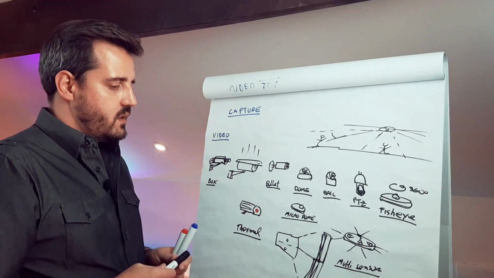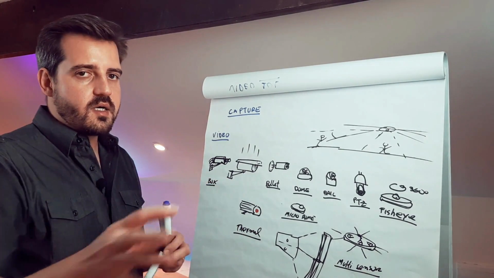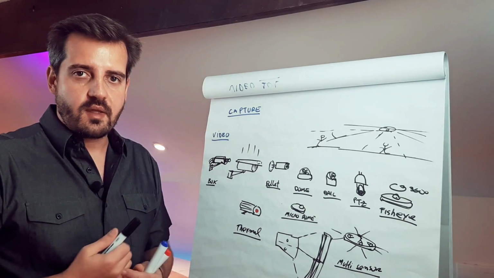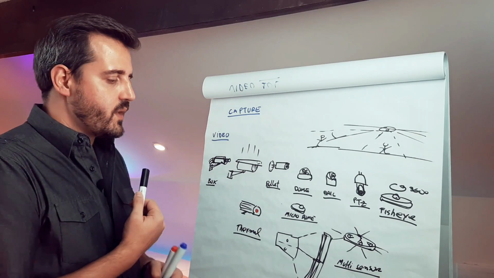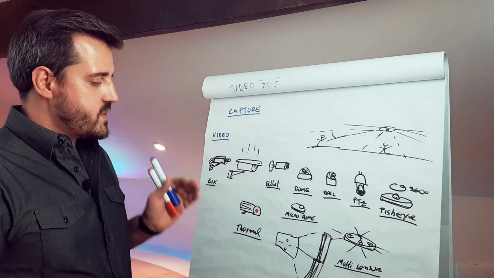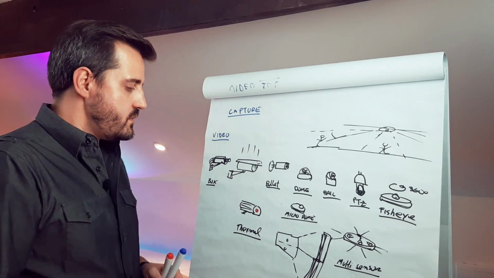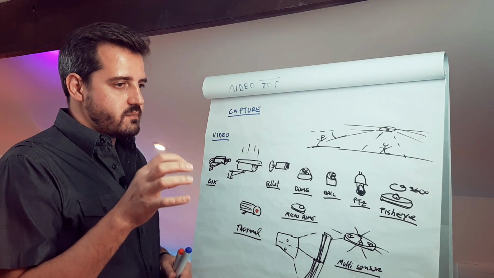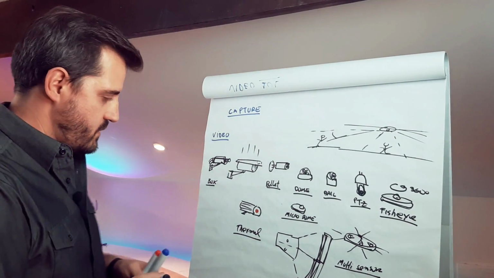Or if it's a wider area where you cannot have IRs or light everywhere, the thermal will be able to detect the temperature in a good range. That will depend, of course, on the model. So in specific scenarios, it will be a very good solution. But again, it's very expensive, and it's very focused on specific projects.